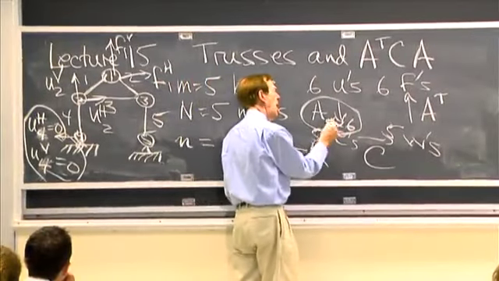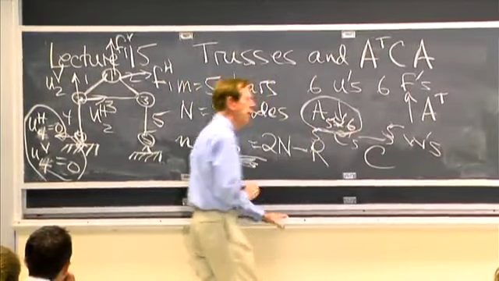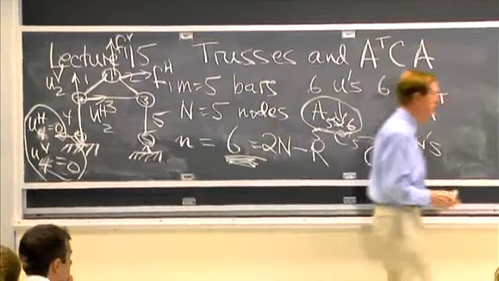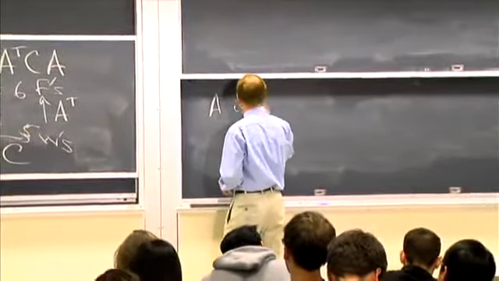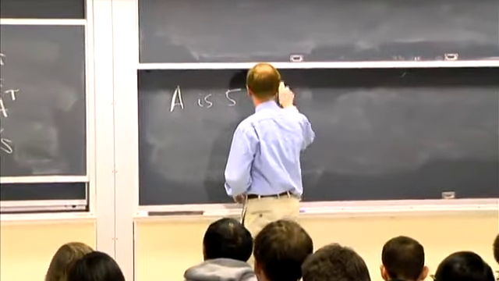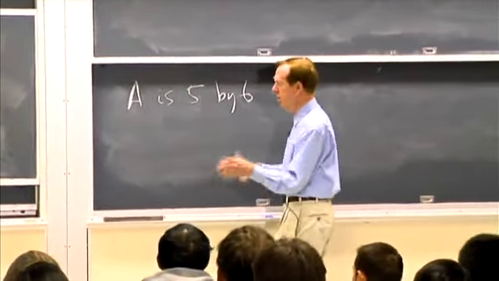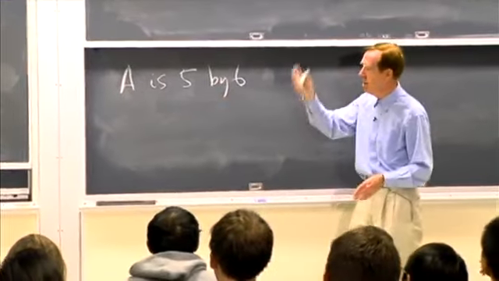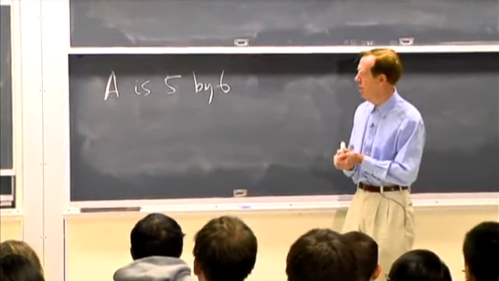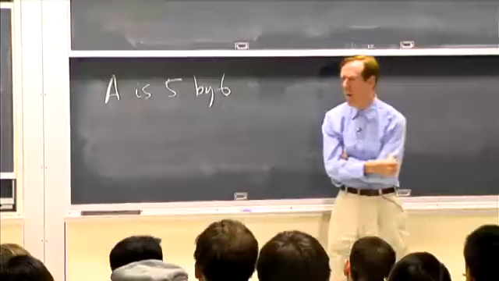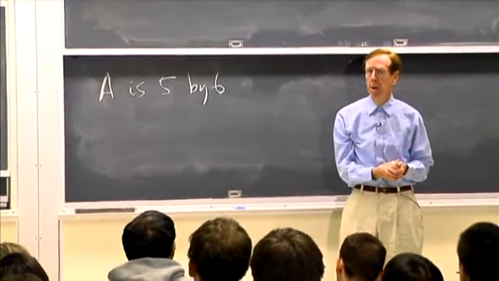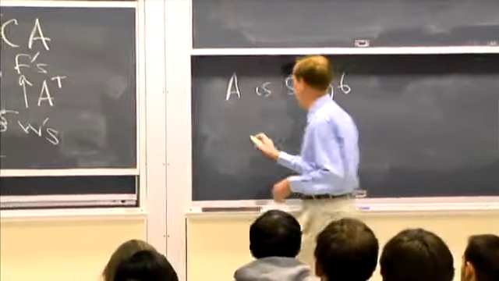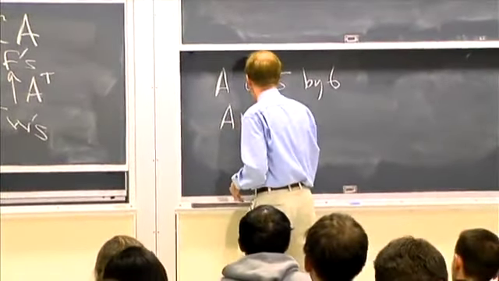The matrix A is 5 by 6: 5 rows, as always, for the m, and 6 columns, because now we have 6 unknowns. What do I know about any 5 by 6 matrix? I want to ask about the equation Au equals 0.